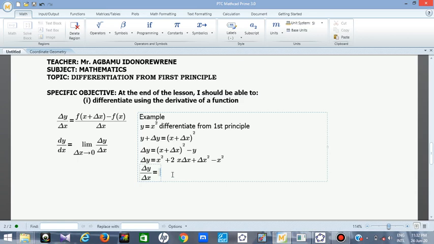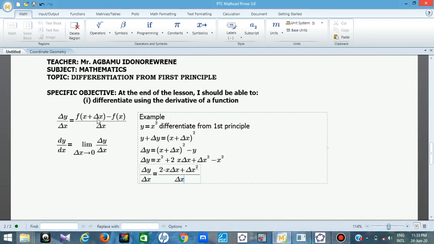So we are now left with 2x delta x plus delta x squared. I've already cancelled out x squared, turned to 0, so we don't need to repeat it again. Then divided by delta x. So that is this stage.